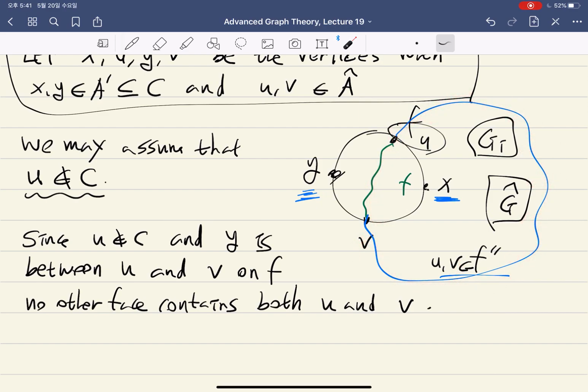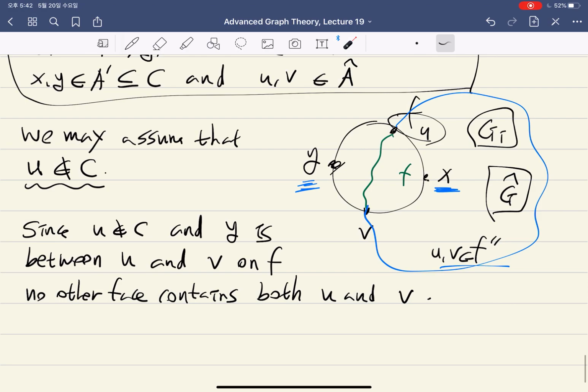It separates the entire plane into two, one containing Y and one containing X. So there could not be any one face which contains X and Y together in this G_i. There are no faces which contain X and Y, which is a contradiction.